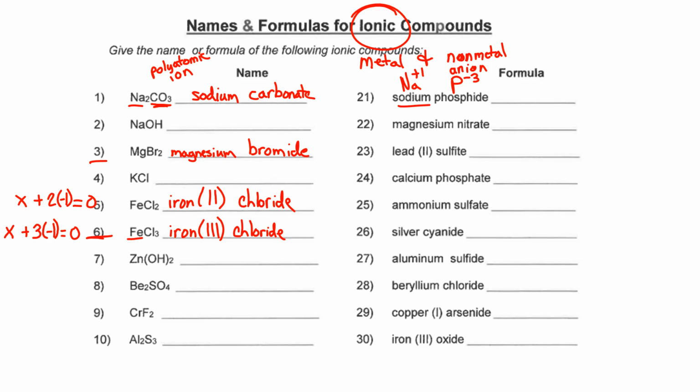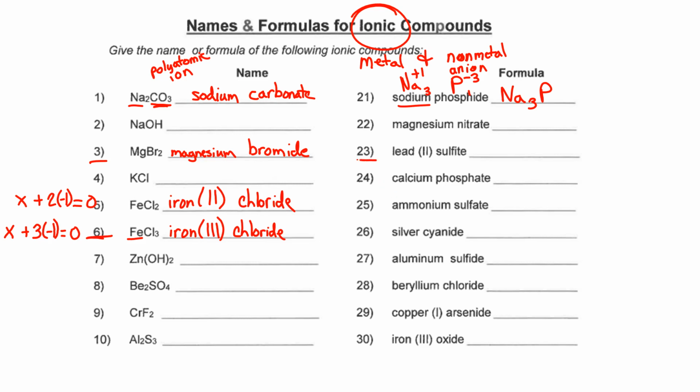All right, so now when I react these two, doing my little crisscross, it's going to take 3 sodiums for every 1 phosphorus, because all I do is flip it around. So it's Na3P on that one.